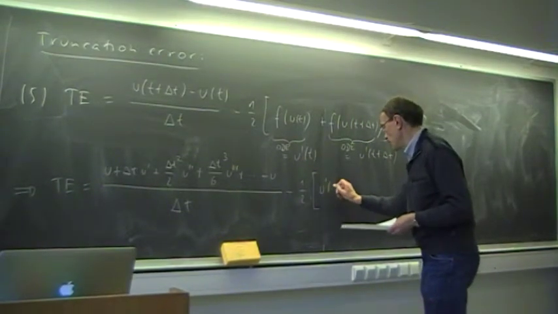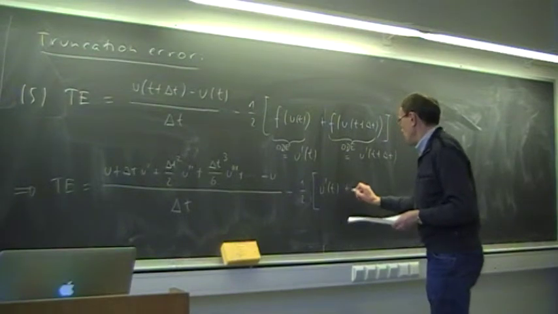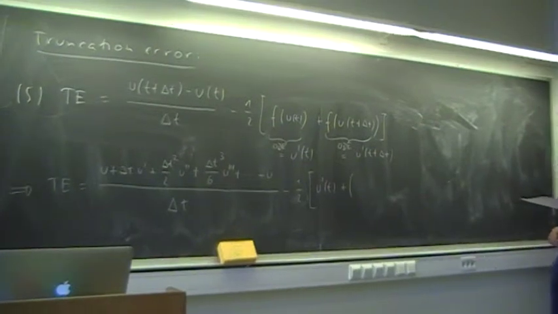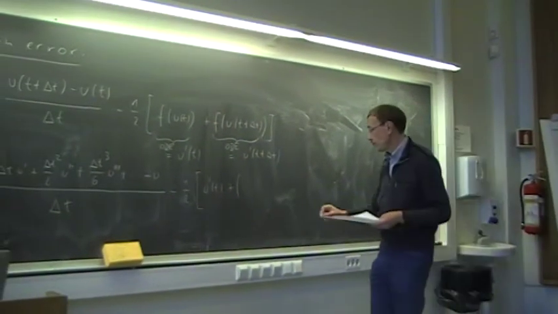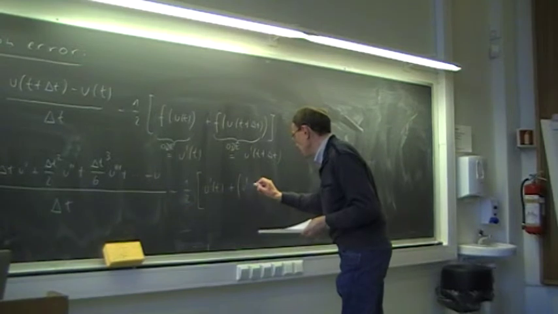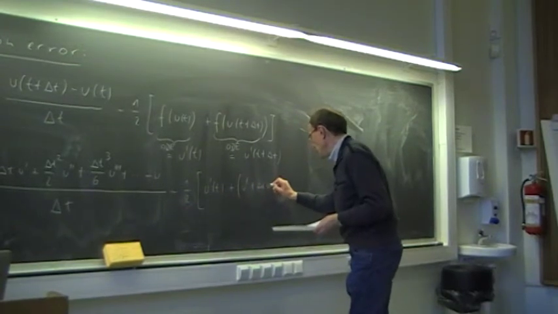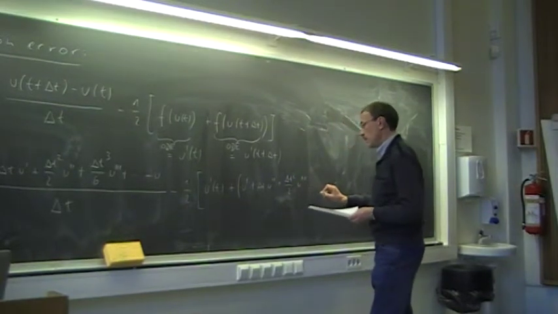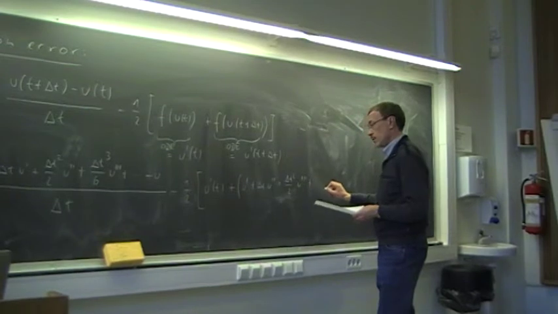It's just u prime of t plus, now here we do Taylor expansion of u prime around t. So that will give us u prime plus delta t u double prime plus delta t squared times the third derivative plus higher order terms.